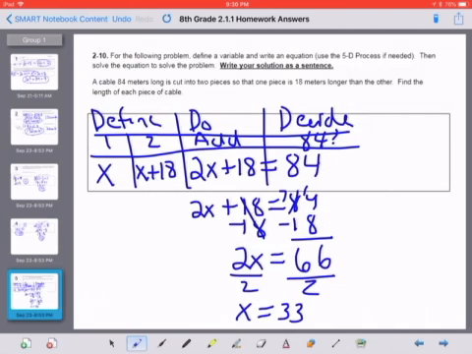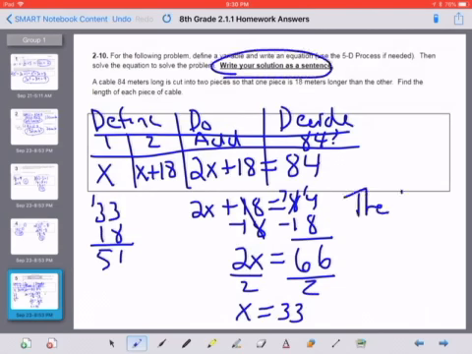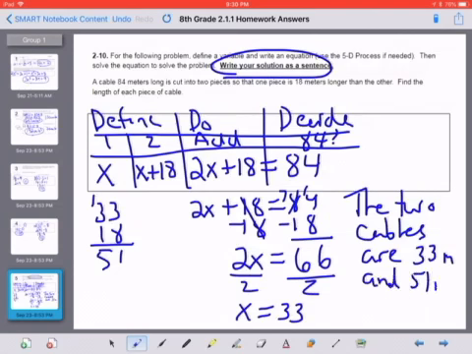To figure out the other, I plug it back in. So I do 33 plus 18, 51. So then I write it out in a sentence, says right here, as a sentence, the two cables are 33 meters and 51 meters.